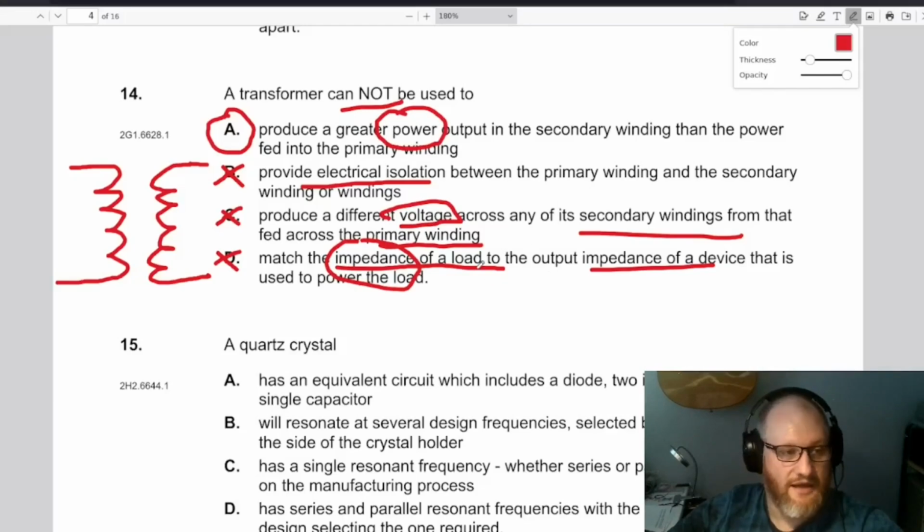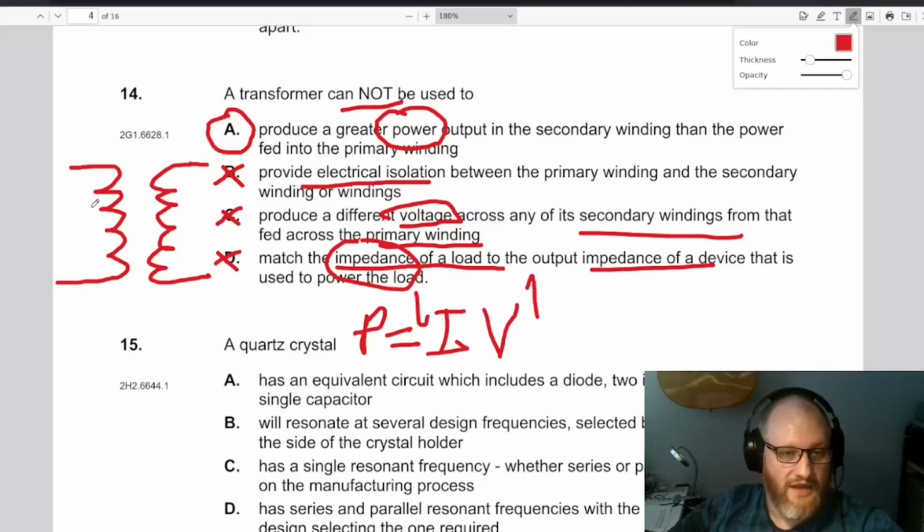Now, it doesn't matter if I'm transforming the voltage, multiplying it 1,000 times, I'm still only getting the same amount of power out. And of course, we know from Joule's law that power equals current times voltage. So if the voltage goes up, the current has to go down.